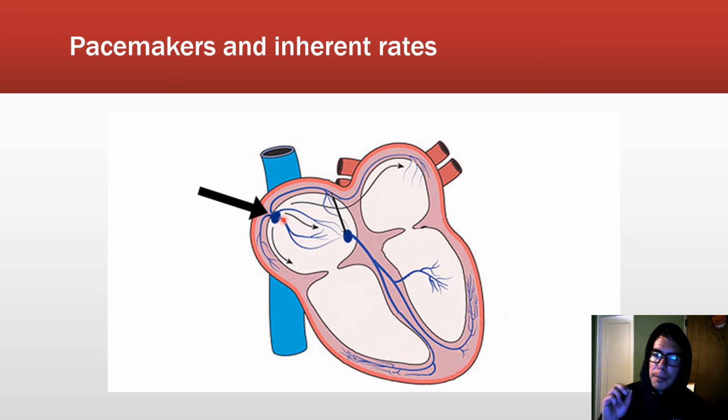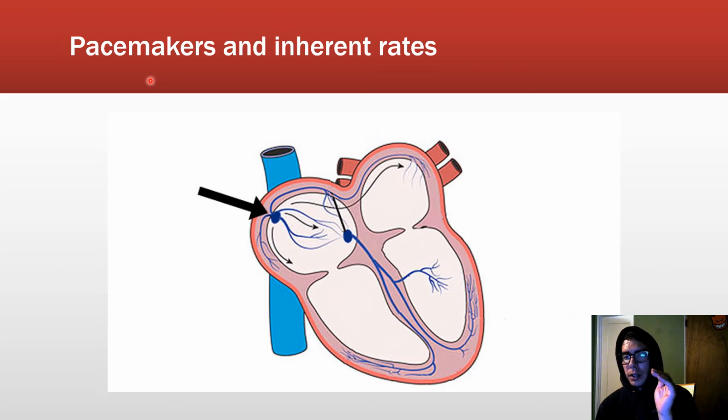So pacemakers, those are not the same, although there are pacemaker cells and pacemakers. This term pacemaker refers to something different. So a pacemaker, or the pacemaker, is whatever part of the heart the initial impulse is being generated in.